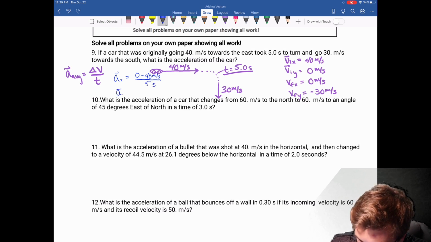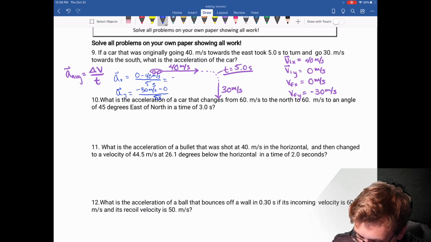We can find our ay to equal negative 30 meters per second over 5 seconds. So we find our ax to be negative 8 meters per second squared. We find our ay to equal negative 6 meters per second squared.